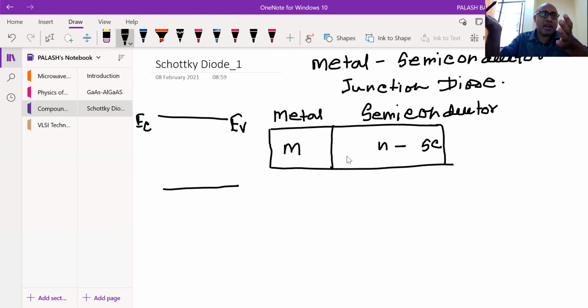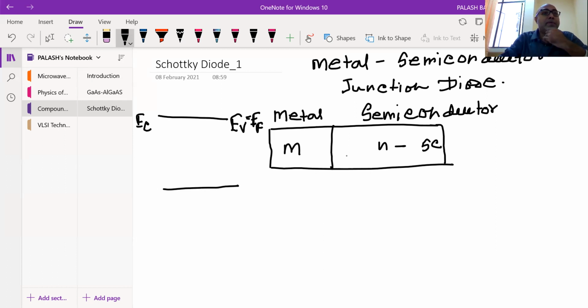If the number of carriers is very high, EF is so close to EC that it is hardly possible to distinguish them. EC is equal to EV, since there is no band gap, and similarly the Fermi level EF is also in the same place.